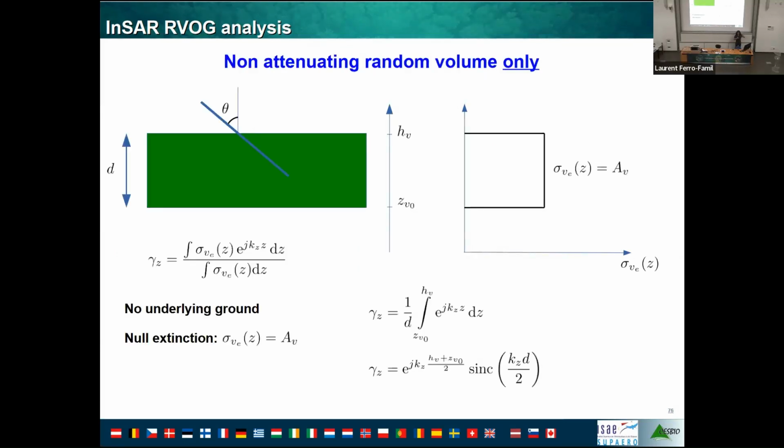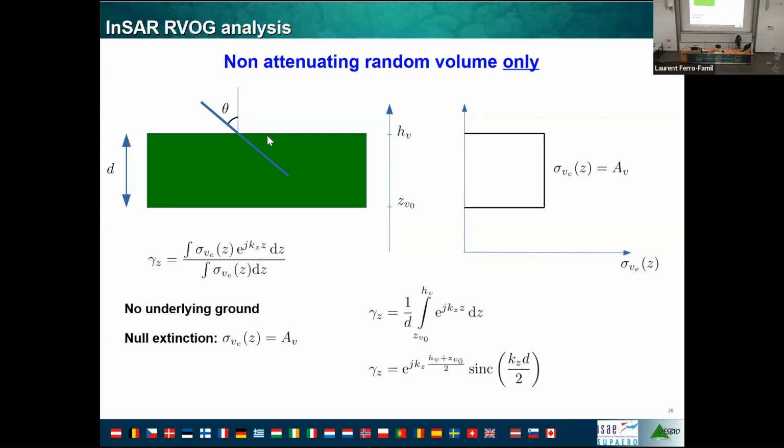Now when we look just at the volume, imagine you have a volume flying in the air without ground below. Something you can try to model in an anechoic chamber in the lab. At the university we did it, but in nature it does not happen. In this case, you can try to see what the coherence pattern of this volume is.